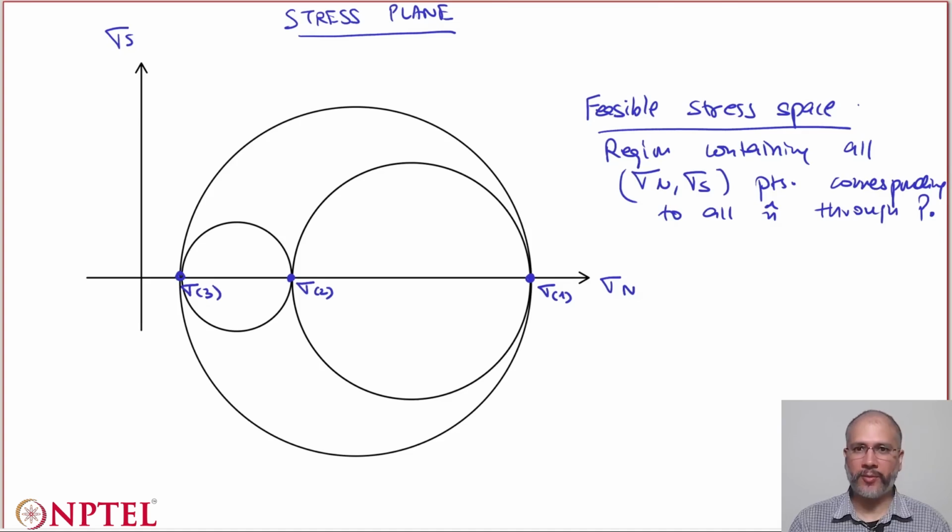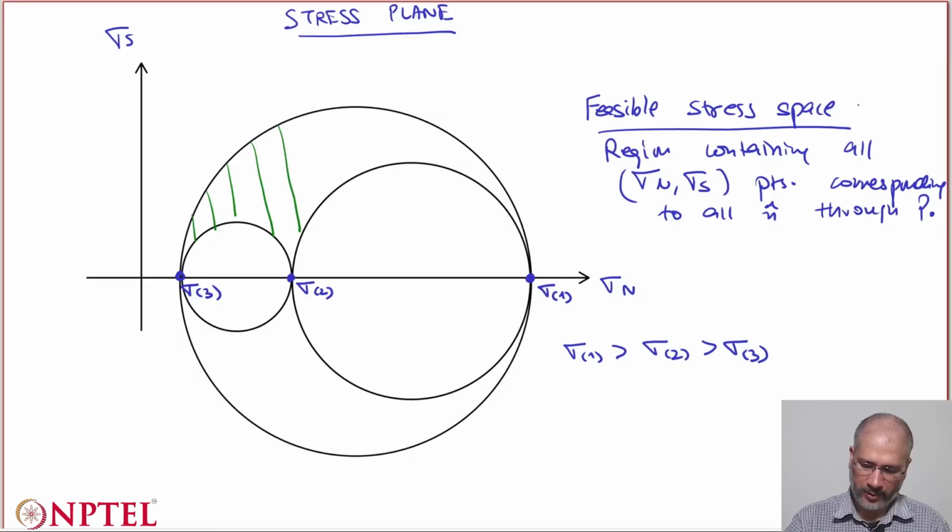In this case, we have numbered them so that sigma 1 is the largest eigenvalue of sigma, or the principal stress value, and sigma 3 is the smallest principal stress value for the stress tensor sigma through a point P. And when we identify the feasible stress space, that basically comes out to be this region between the circles.